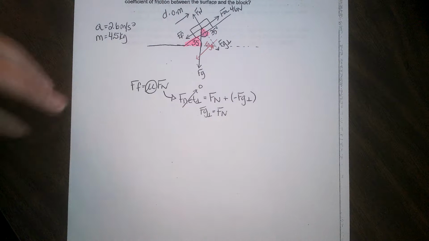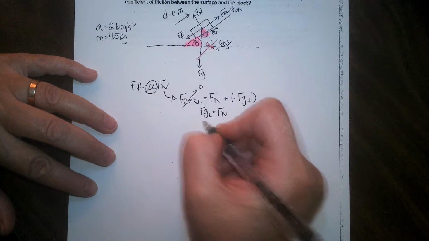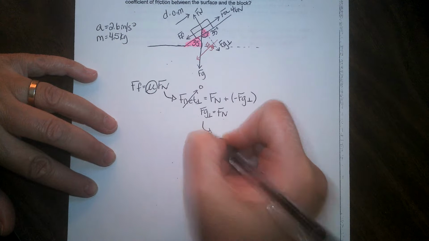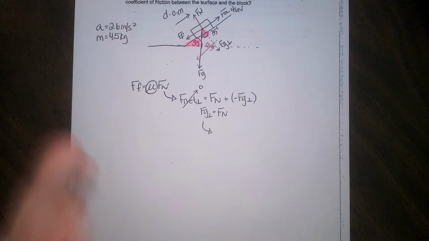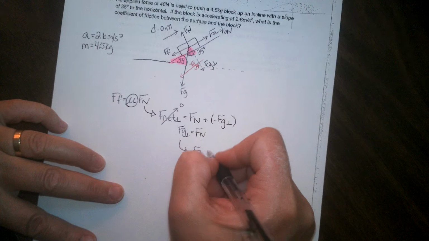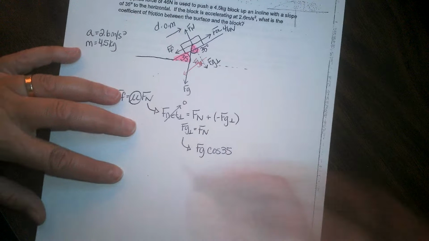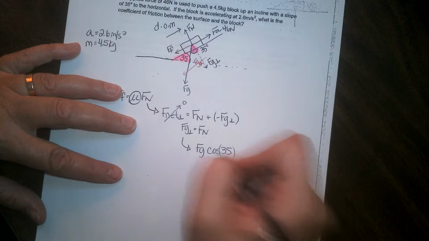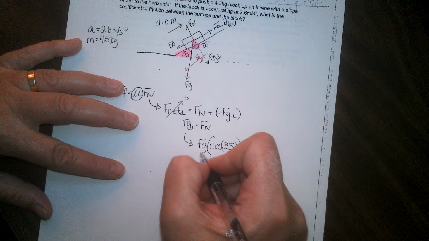So, we're looking for force normal. Force of gravity perpendicular. How are we going to figure that piece out? How would we solve for it? Okay. So we got the cos 35 part. What about the force of gravity?